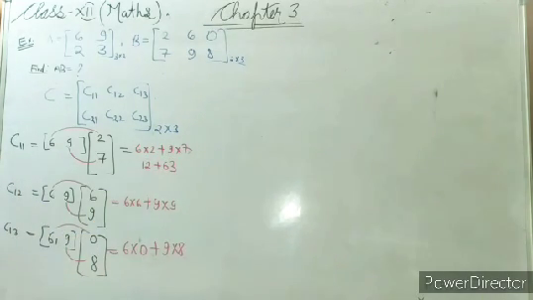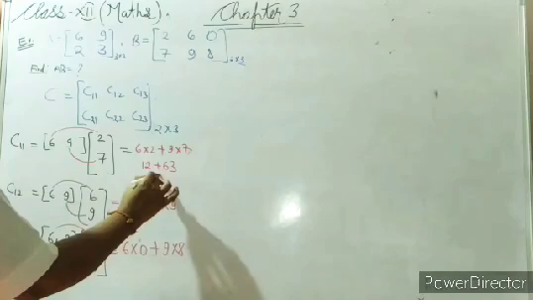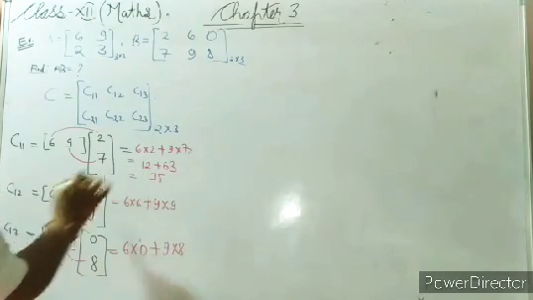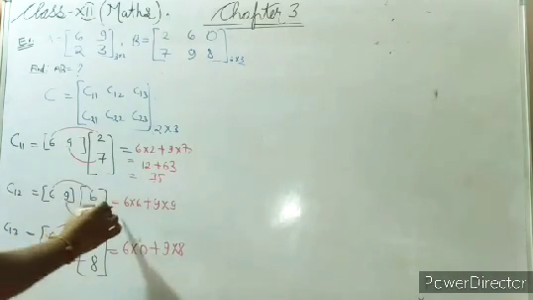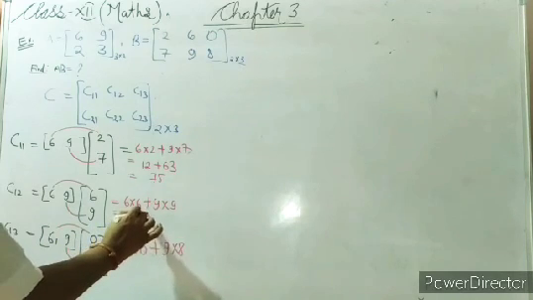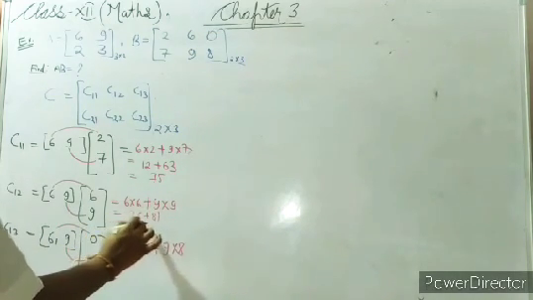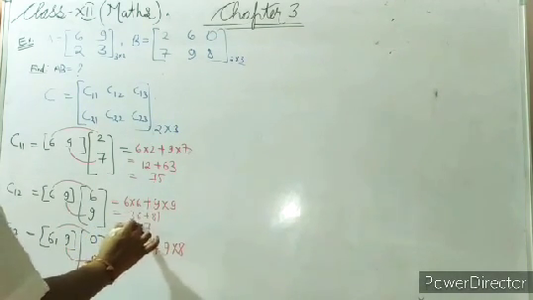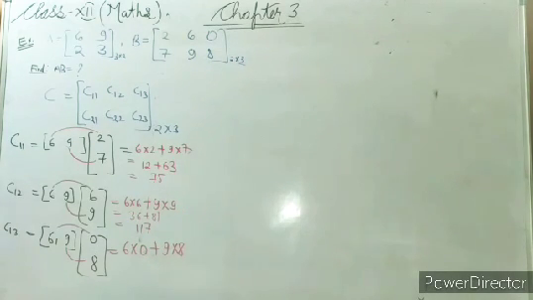You will solve, then your answer is 75. And here you see 36, 81, 117. Here 0 plus 72, so 72.